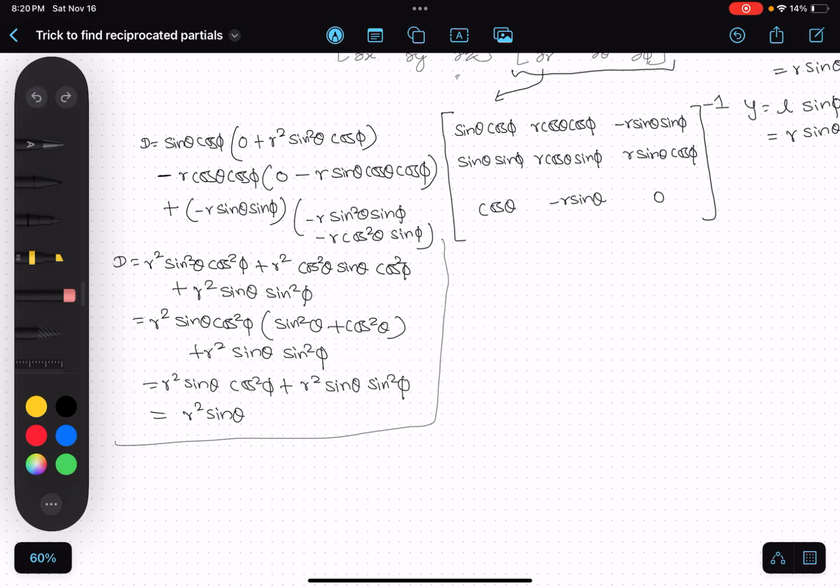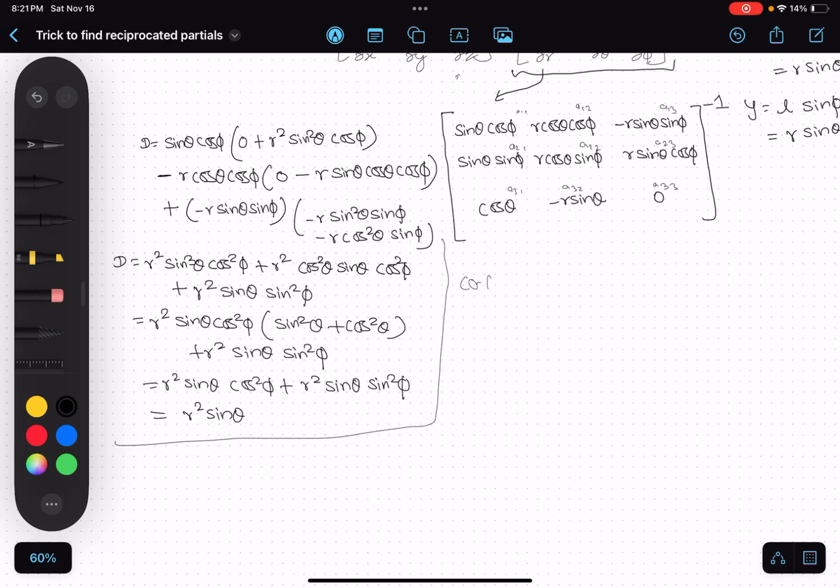Okay, I'll do that. First of all, let's number them. This is called A11, and then for the first row, second column, this is A12, A13, A21, A22, A23, A31, A32, A33. So first of all, we try to find the cofactor, right?